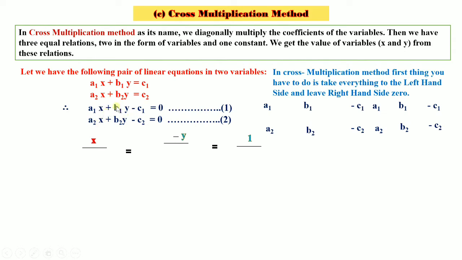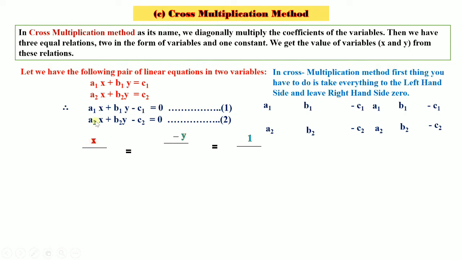Then what do you have? b1 b2 minus c1 c2. So when you are writing a particular variable, those coefficients will be neglected. When we are talking about x, the coefficients of x will not be considered in the denominator of this x.